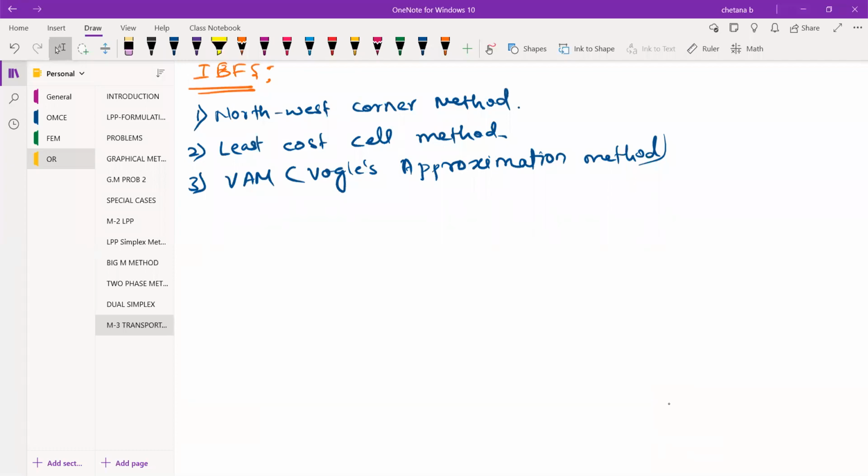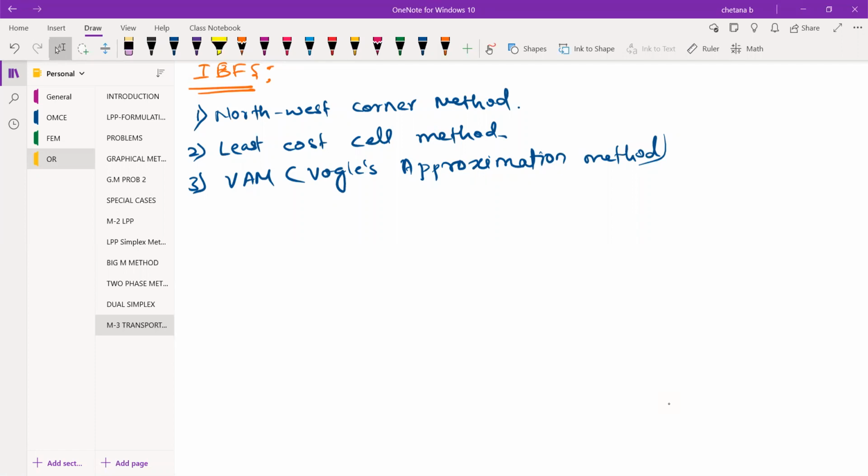In a transportation problem, they'll mention that you need to solve for optimization using the northwest corner method as the initial feasible solution, or the least cost cell method, or the VAM method. If there is no mention of the initial basic feasible solution, then you're free to choose any, either the northwest or least cost or VAM.